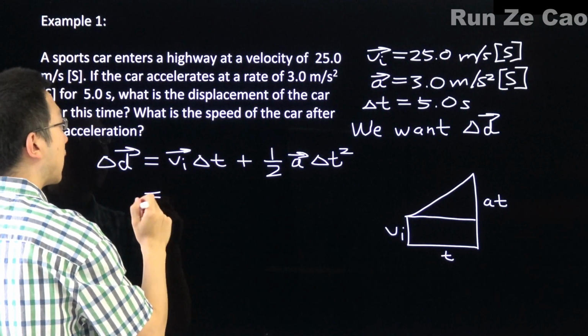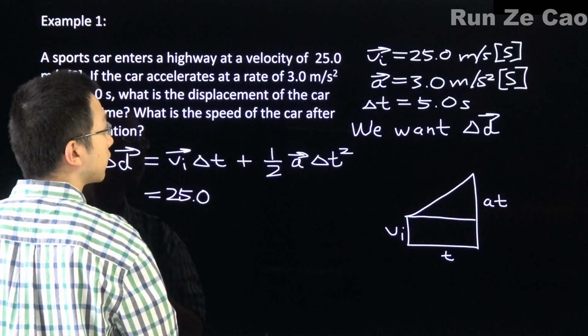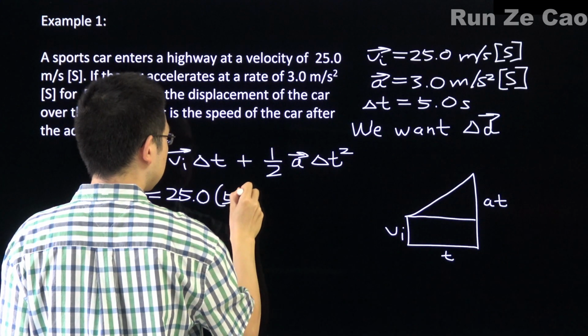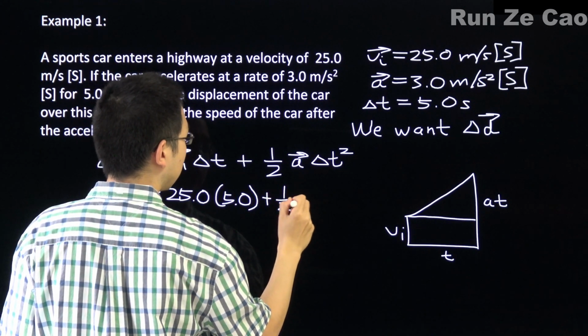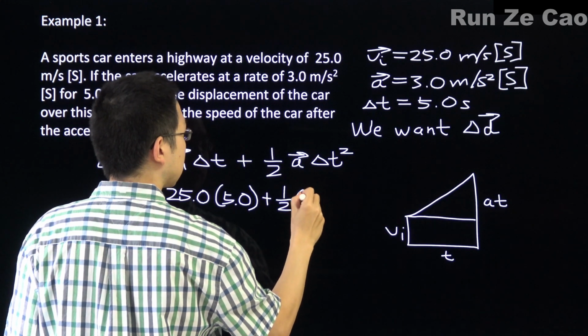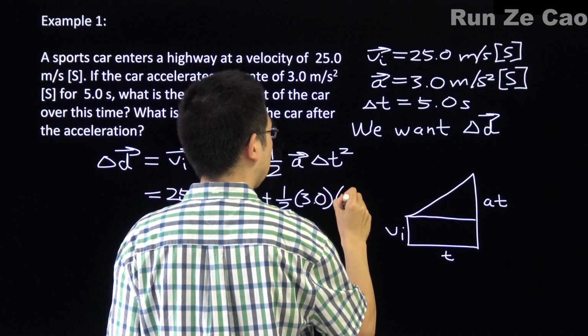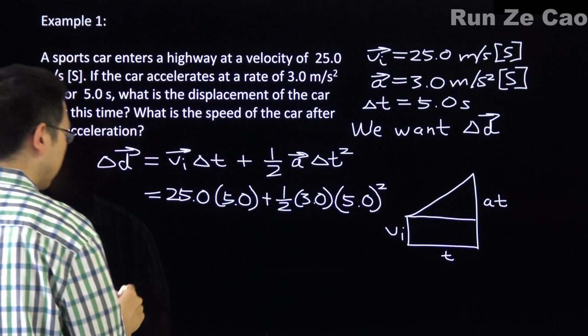Okay, so VI was 25.0 meters per second, and time is 5.0 seconds plus 1/2. A was 3.0, and time was 5.0. And then we square that.